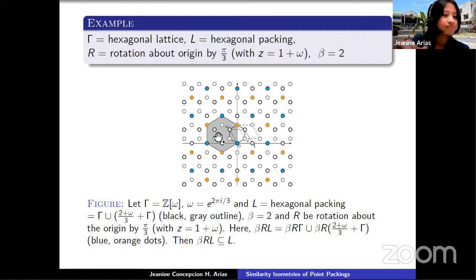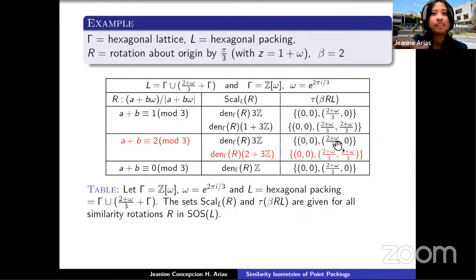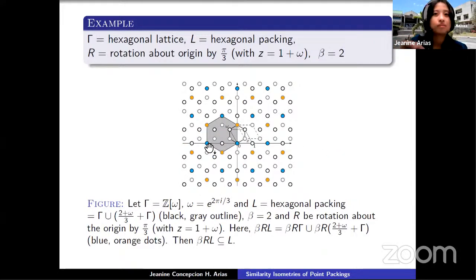So again, this verifies the result from the table that beta R gamma is a subset of gamma, and beta R of the shifted copy of gamma is a subset of the shifted copy of gamma. Here you have that same result verified by the figure.